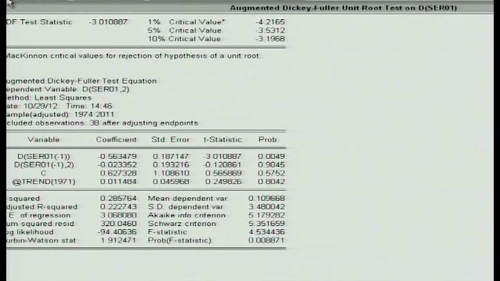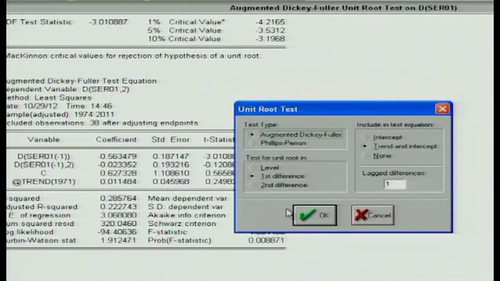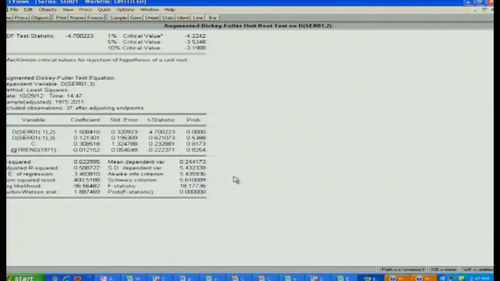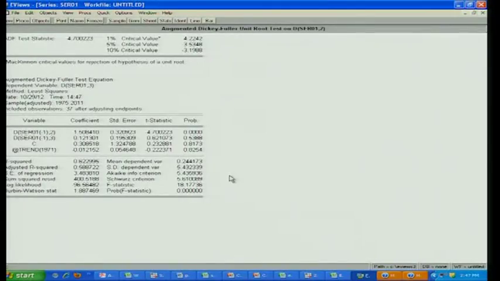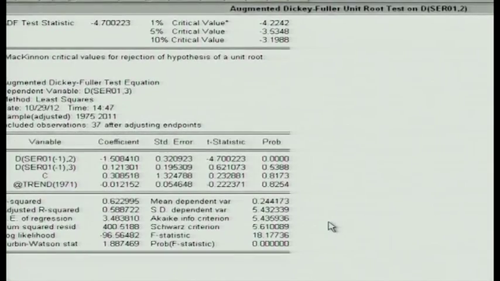So, then again go to view, do unit root, go to the second difference, click OK, and see now that it has become minus 4.70, take the absolute value, this is greater than this. So, this series is I2, the series 1 was pound rupee, it is I2.